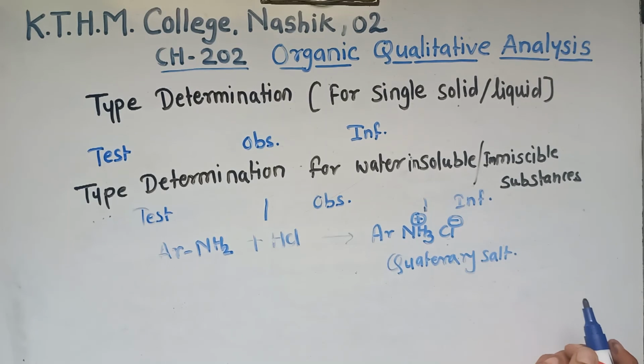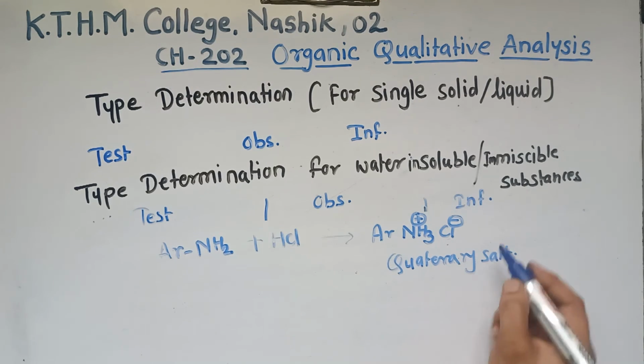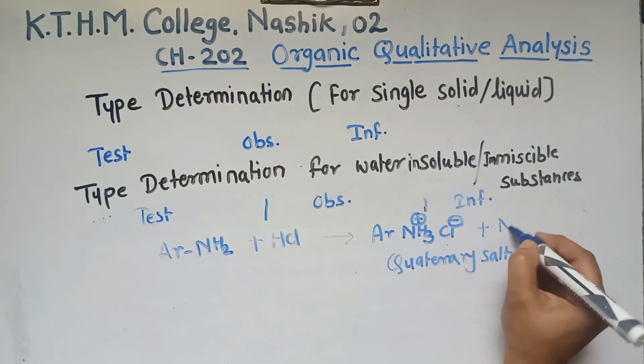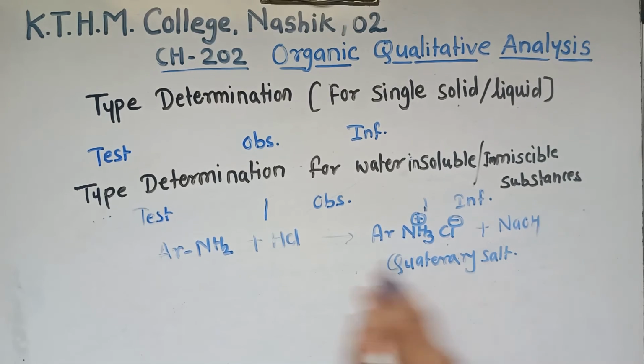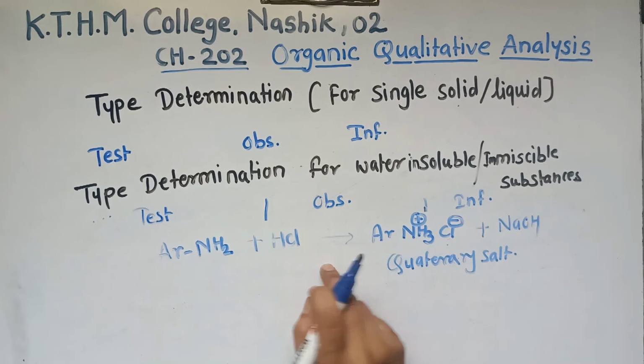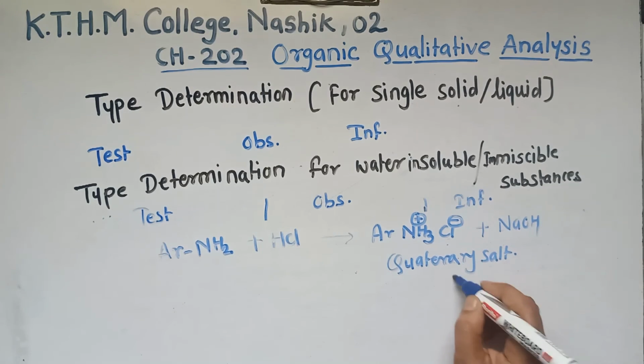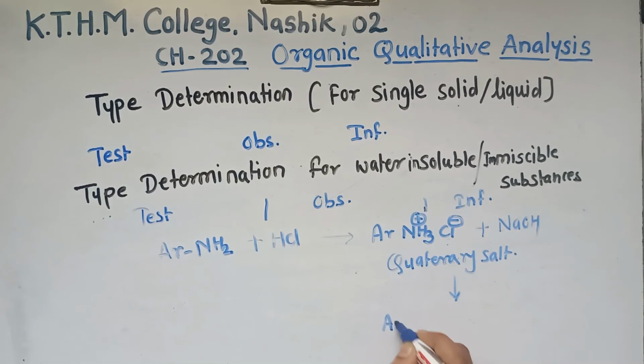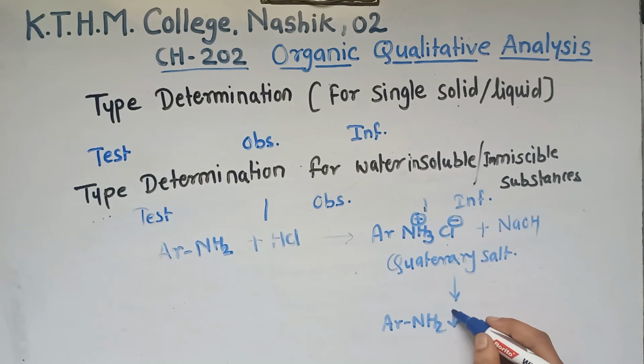There is a formation of the quaternary salt, and when it reacts with NaOH, we get a soluble compound. When we add 2 normal NaOH in that soluble part, then we get ArNH2 as a precipitate.